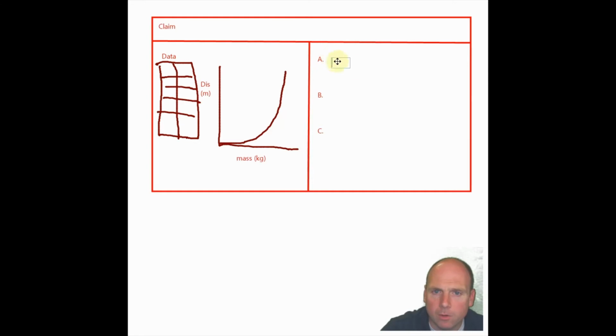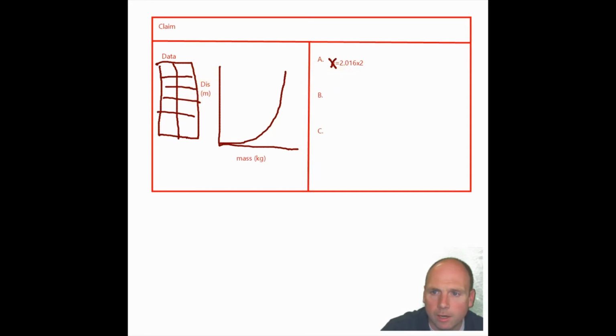The math model was y equals 2.016 x, and I'm just going to write 2 for squared. It was squared, but it's kind of hard to write in this thing. All right, but that's not how we do it. To write the actual math model, it's not y, it's distance.